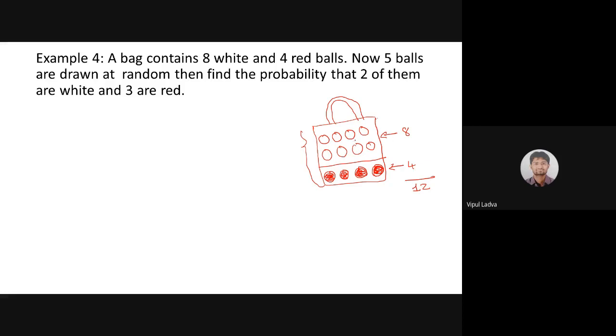We are selecting 5 balls at a time. Now we want the probability that 2 of them are white and 3 must be red. So that should be our event. This is our event and we need to find the probability of this.